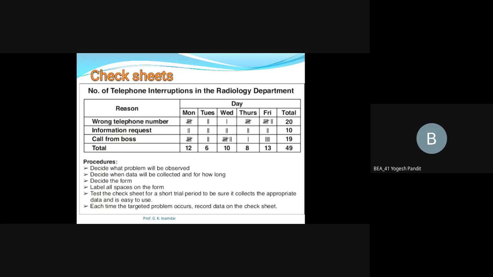Whoever is the umpire, for counting the number of balls over, six balls are there in one over, they use something like a check sheet for the counting. Similarly for passengers in transportation, these types of check sheets are generally used. For example, here the number of telephone interruptions in the radiology department. One example we have taken here.